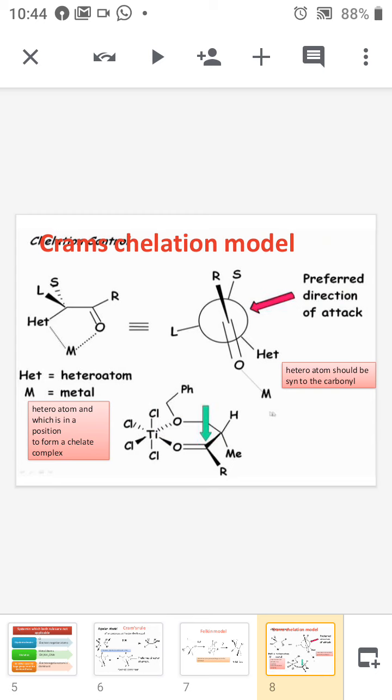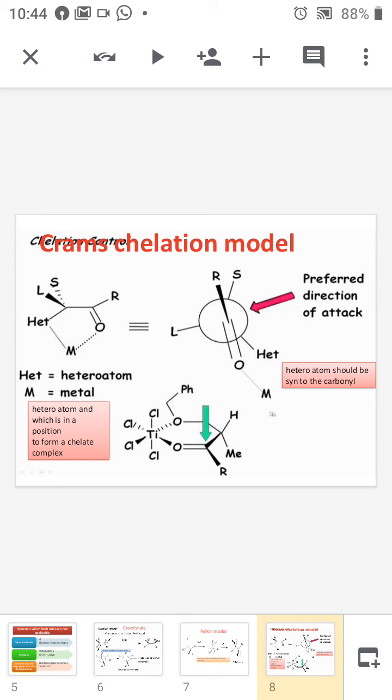And here is one example. Here the metal is titanium chloride, and the titanium forms a weak interaction with the carbonyl group. The titanium and carbonyl group are syn to each other, and the nucleophile attacks the carbonyl on the side of the smallest group.